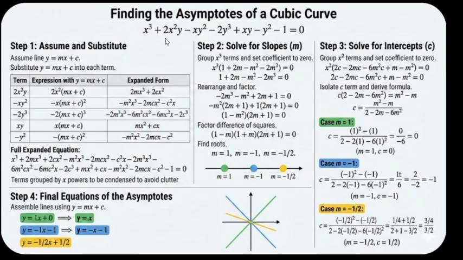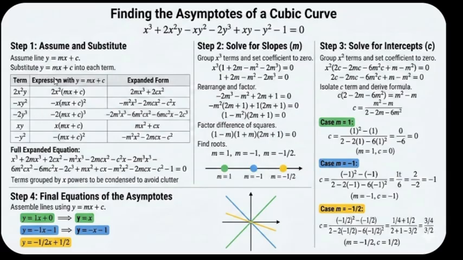As you know, as x tends to infinity, for this curve, let us assume that y is equal to mx plus c is an asymptote.